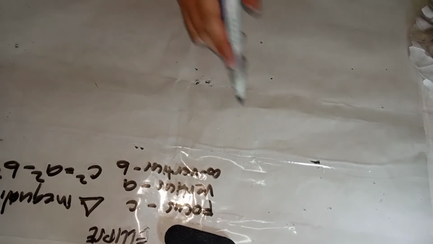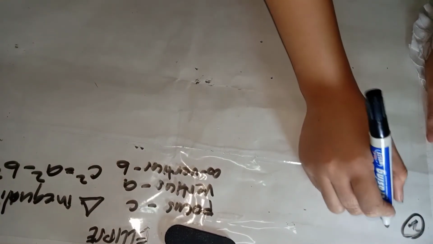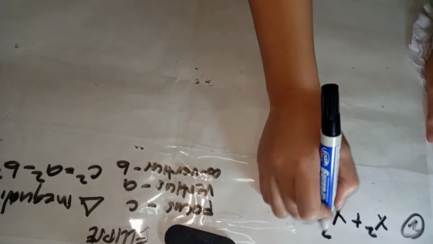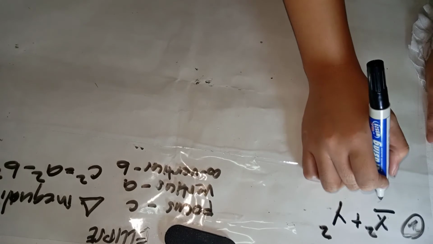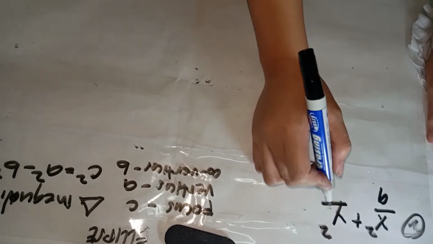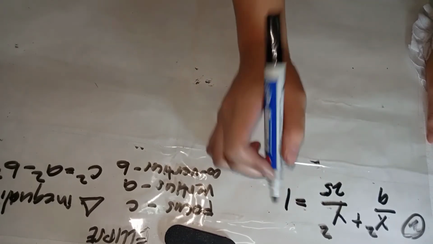Okay, another example is number 2. X squared over 9 plus y squared over 25 is equals to 1.